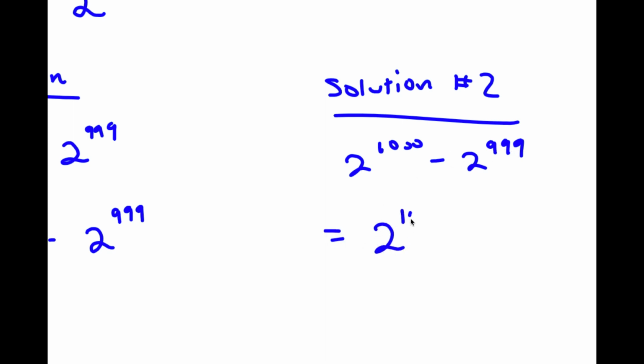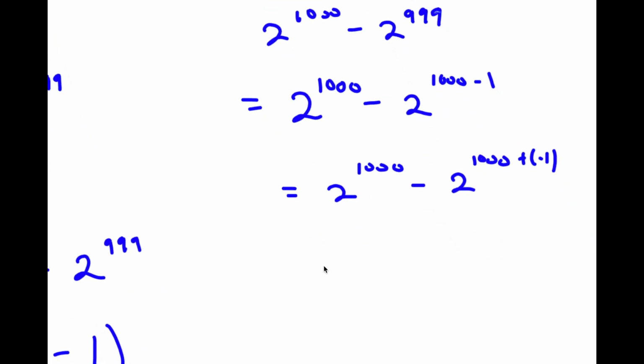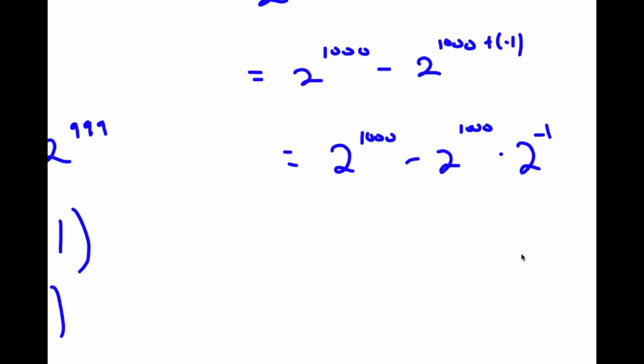So now I have 2 to the power of 1000 minus 2 to the power of 1000 minus 1. And now that's the same thing as 2 to the power of 1000 minus 2 to the power of 1000 plus negative 1, which is equal to 2 to the power of 1000 minus 2 to the power of 1000 times 2 to the power of negative 1.